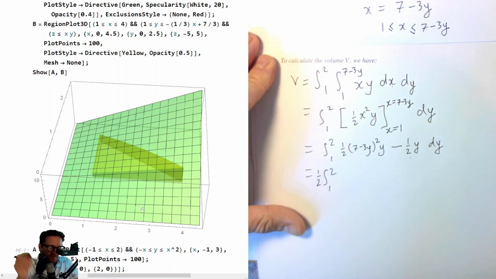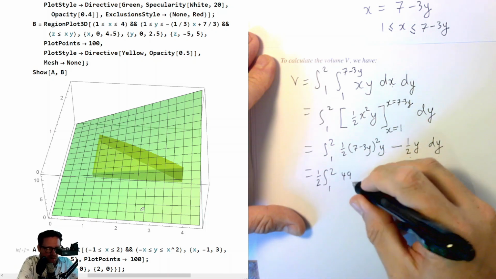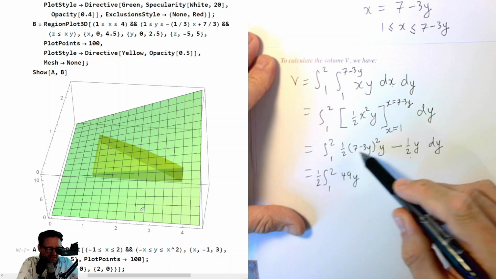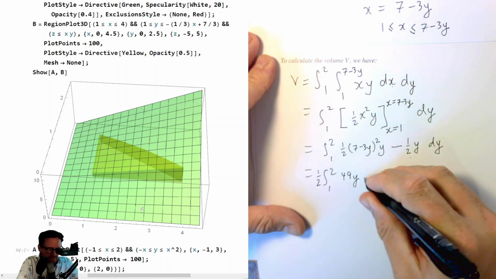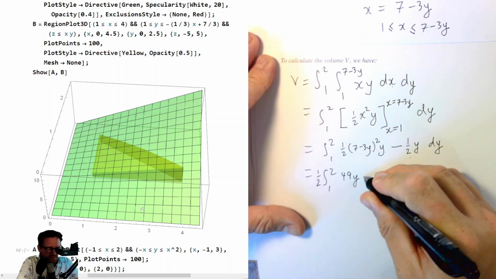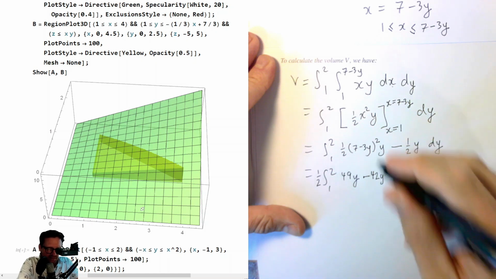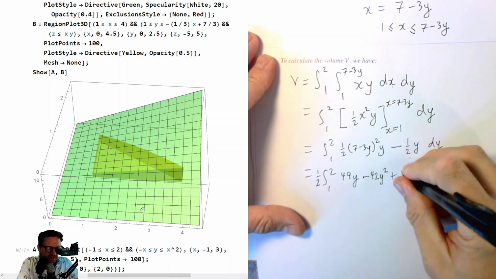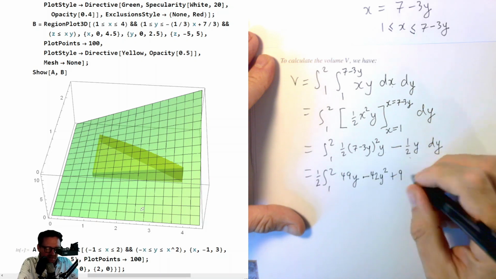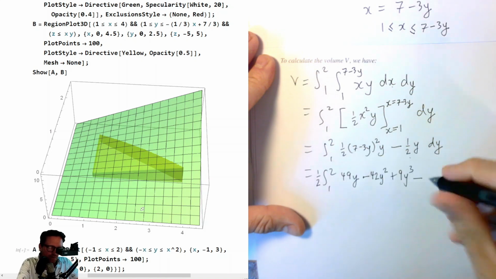And so 7 squared is 49, but then we multiply it by y. Okay, 7 times 3 is 21, but doubling that because it's getting squared, so minus 42y, but then it gets multiplied by y, so we have a y squared. Then minus 3 squared is 9, so this is plus 9y squared times another y is y cubed. And then, having factored that 1/2 out, we have minus y.